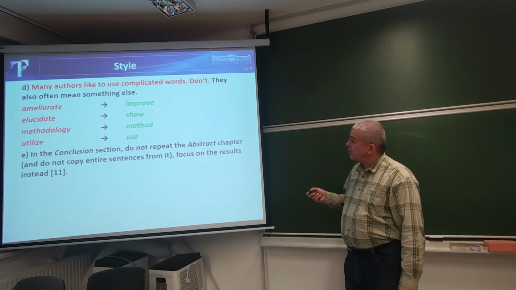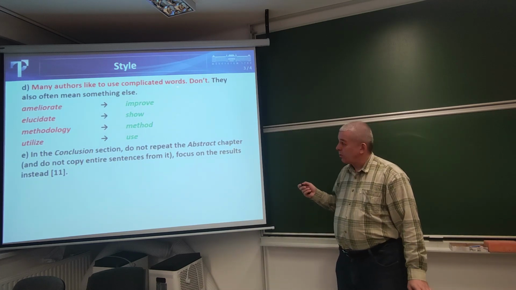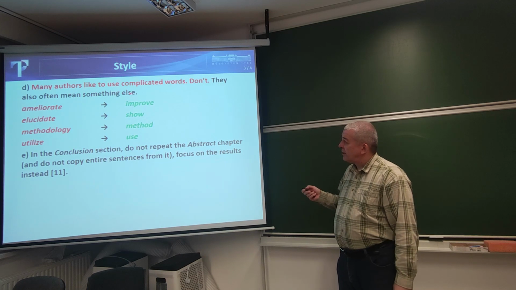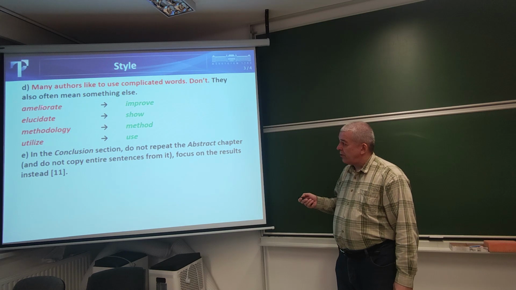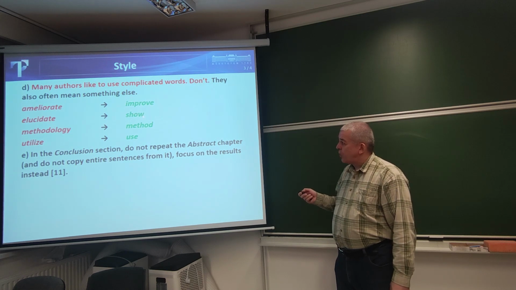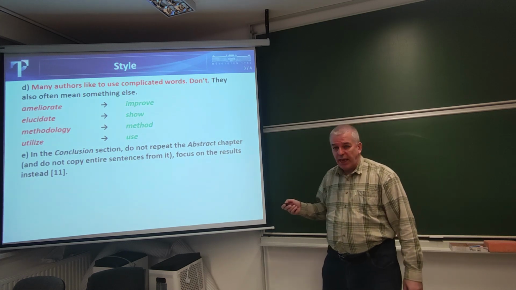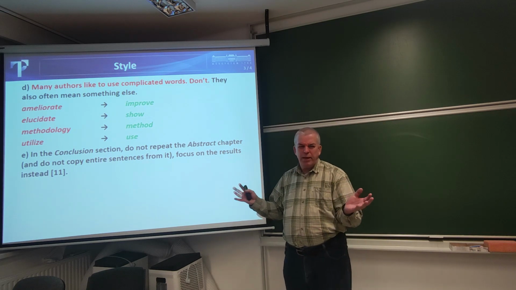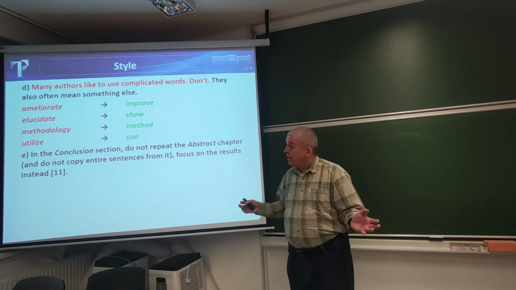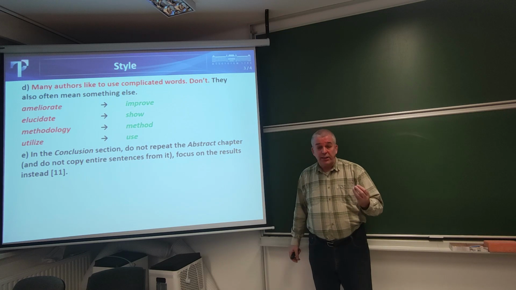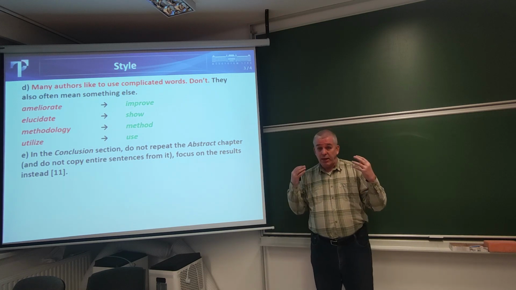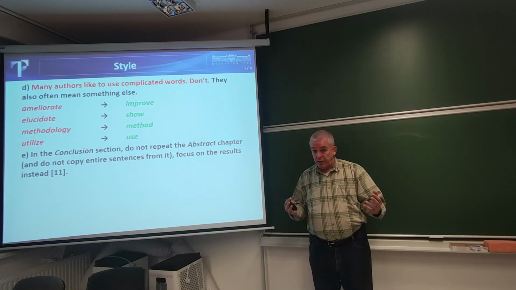Many authors like to use complicated words. Don't. They also often mean something else, like instead of improve, some people like to say ameliorate. Instead of show, some people like to say elucidate because it sounds so important. But many of the readers will not understand it, and they will have to use a dictionary to understand the scientific article.